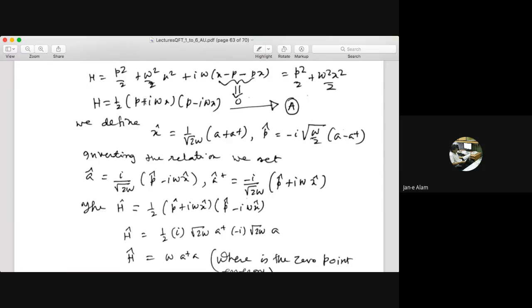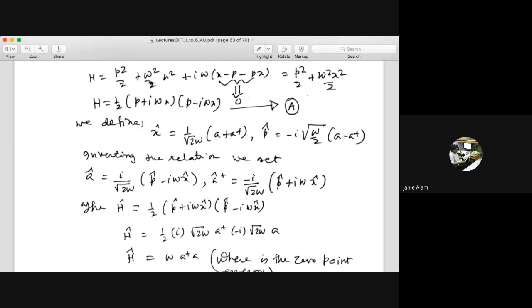Now, at this point itself, I promote the dynamical variable x to an operator in terms of annihilation and creation operators, and momentum also I promote to an operator in terms of the annihilation and creation operators. Now I can invert these two relations and write a in terms of p and x operators, and a dagger again in terms of p and x operators.